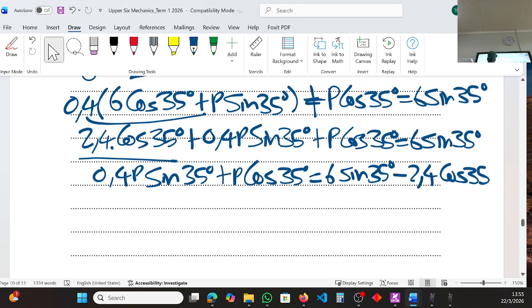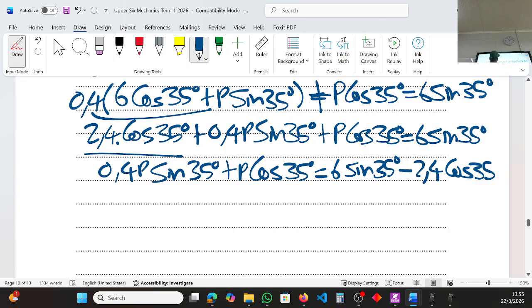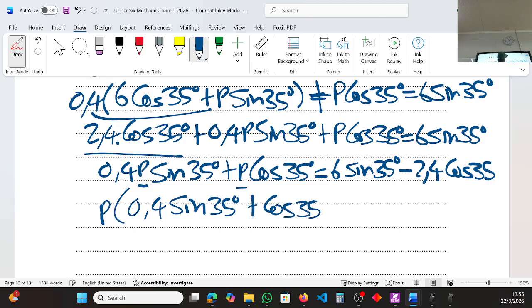Proceeding with the problem, I'm going to factor out P, because P is common here. Inside the brackets I'll have 0.4 sine 35 and cos 35. This is equal to 6 sine 35 minus 2.4 cos 35.